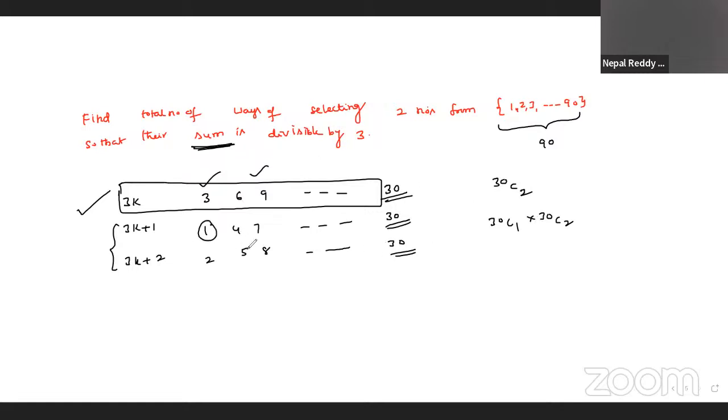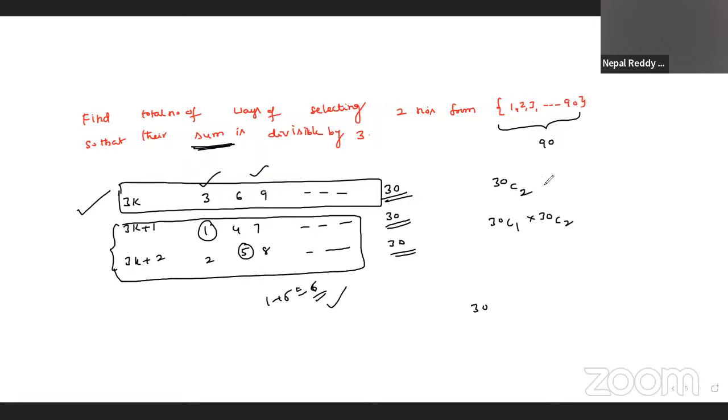Because if you select 1 and 5, 1 plus 5 is 6, which is divisible by 3. And hence, in the first case, only from the 3k type, if you choose 2 numbers, then they are divisible by 3. Next, one from 3k plus 1 and the other from 3k plus 2, their sum is also divisible by 3.